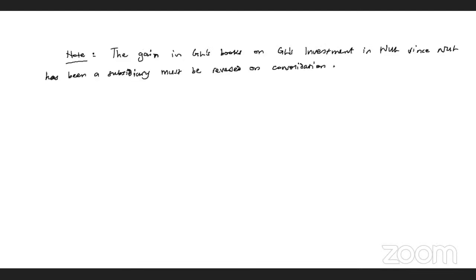The other computation is going to be about the NCI, non-controlling interest. So that will be working number 9, non-controlling interest.